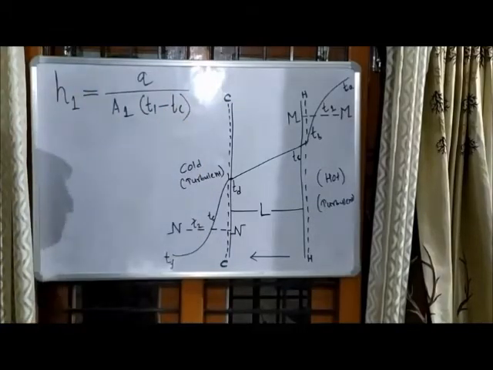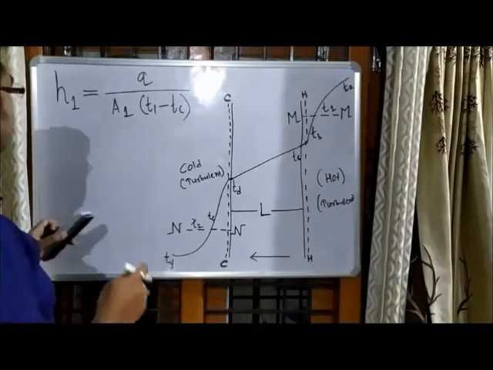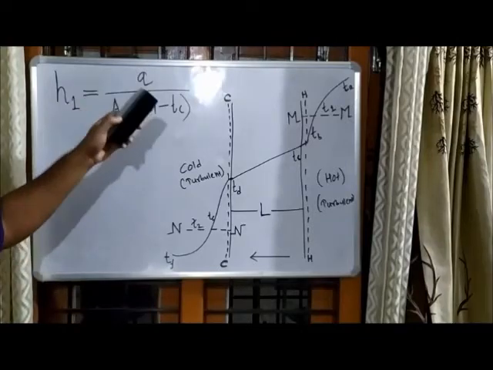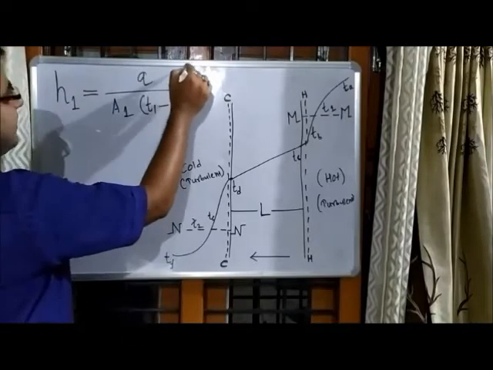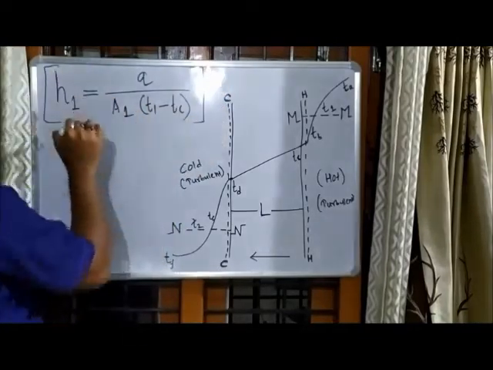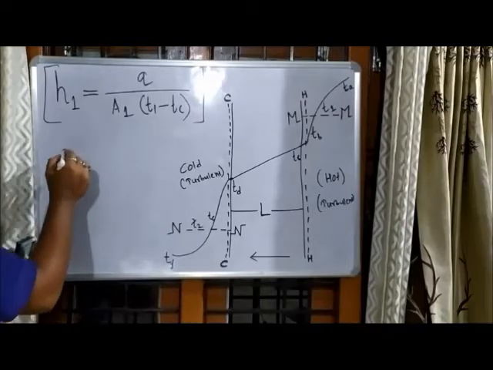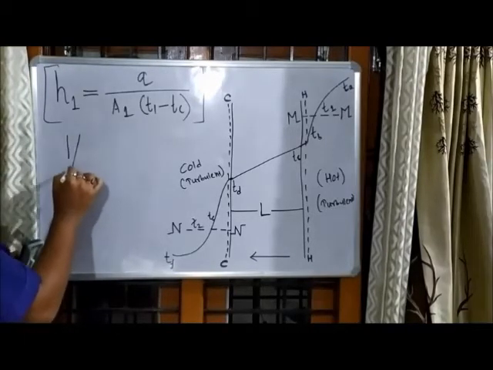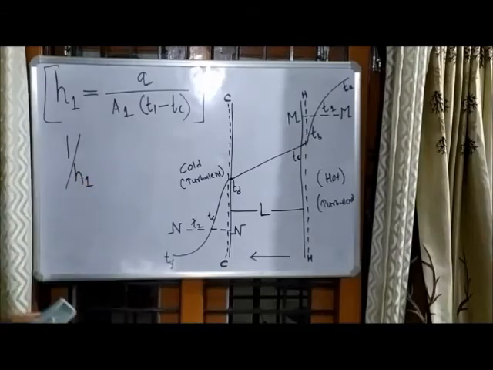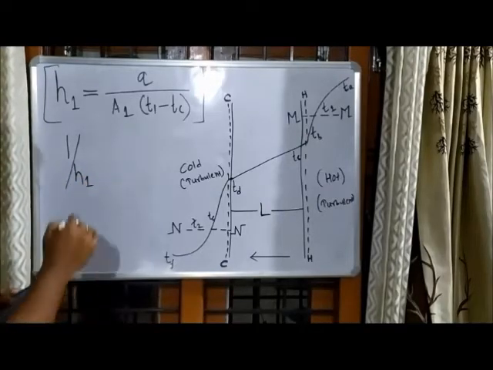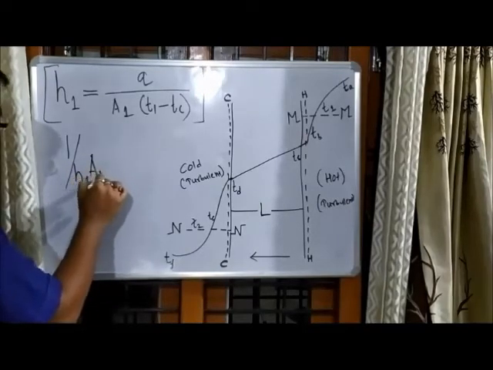But you should know one more thing, that the film coefficient term is also used for other types of derivation. For example, suppose 1 by H1 into A1.